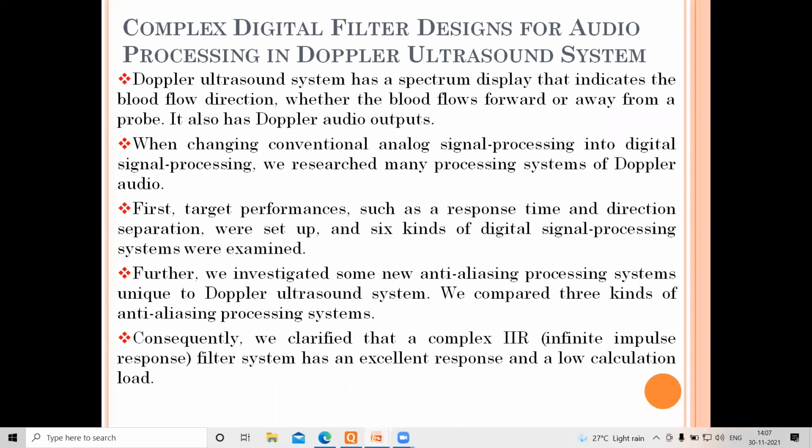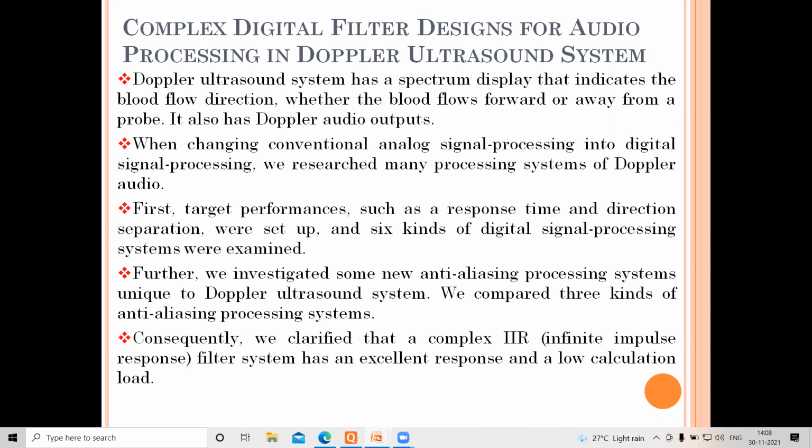The next one is a very, very important example, where I have really worked and have a bit of experience: the Doppler ultrasound. The ultrasound that you take, maybe of your kidney or your liver.